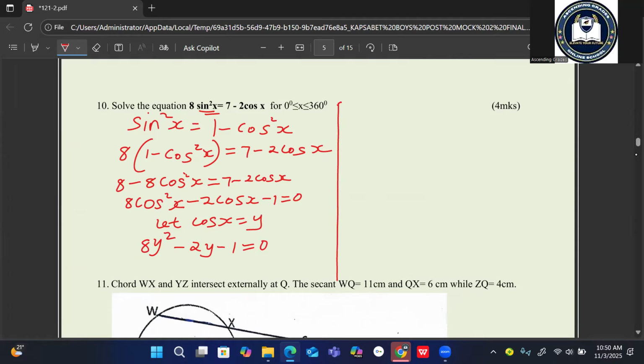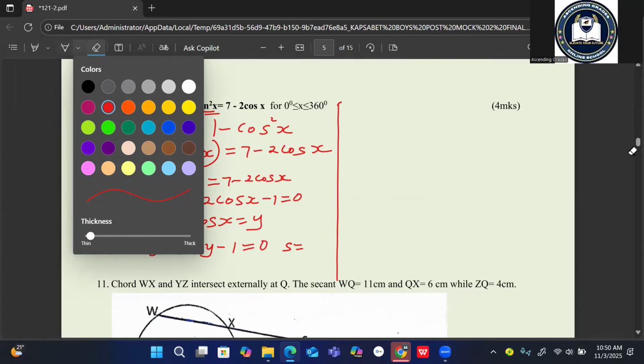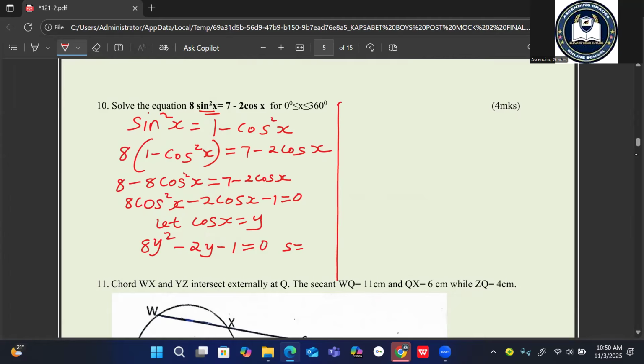So upon working out the value of y here, the two roots whose sum is negative 2 and the product is negative 8, we have negative 4 and 2.